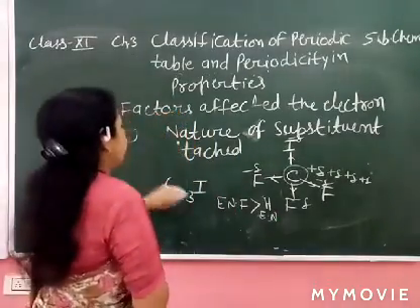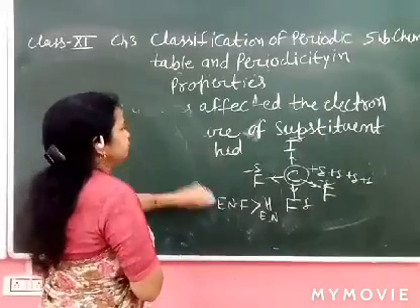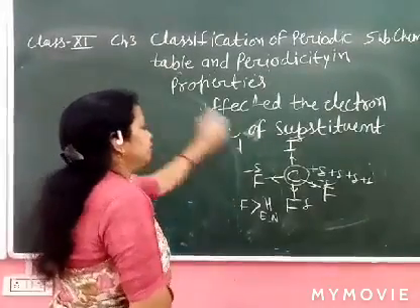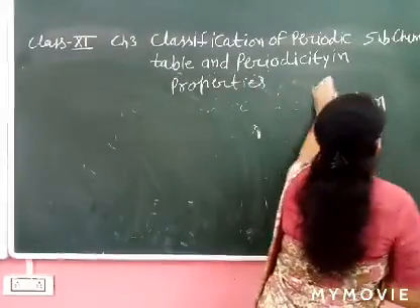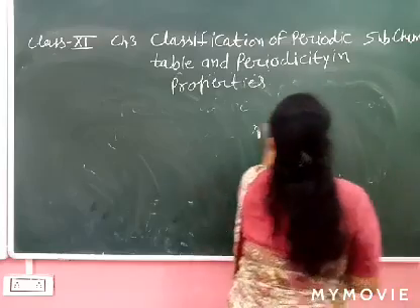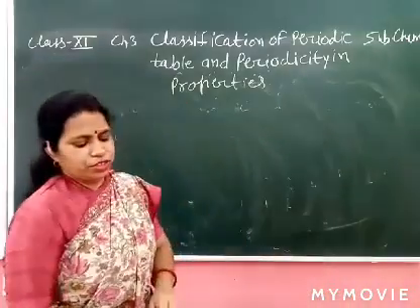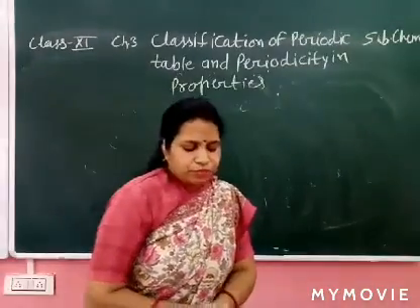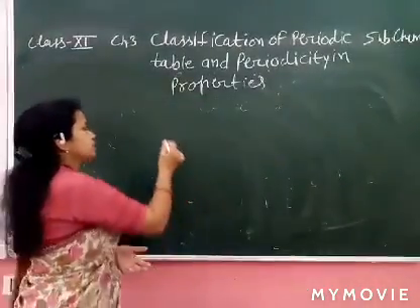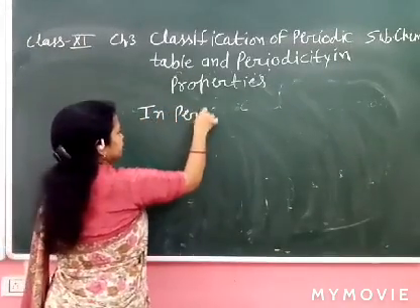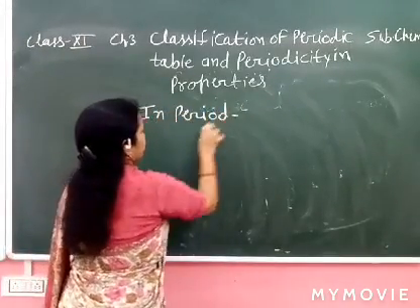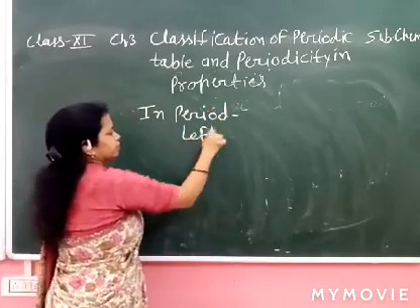What is the periodic variation? In a period, electronegativity from left to right is increased because size is decreased.